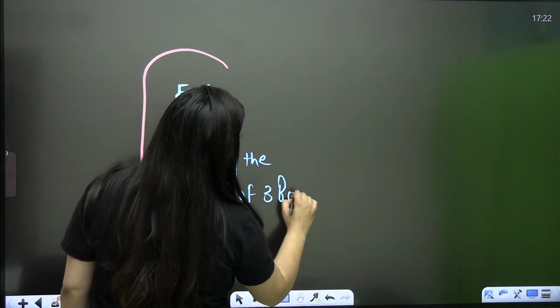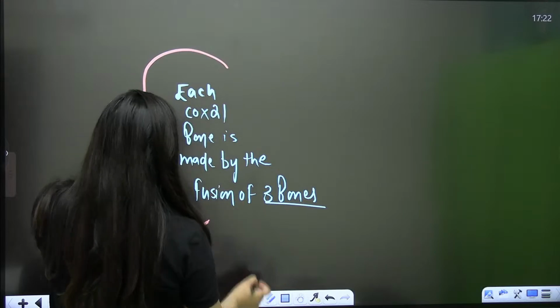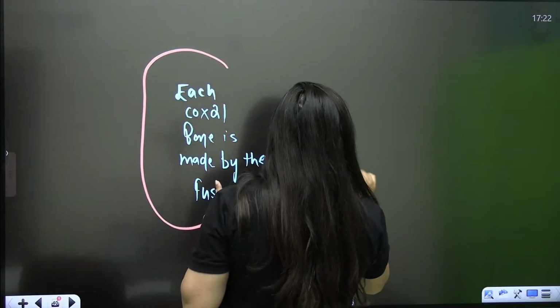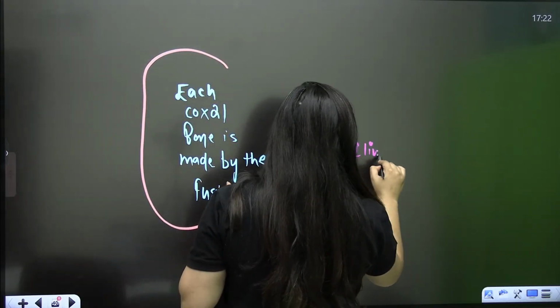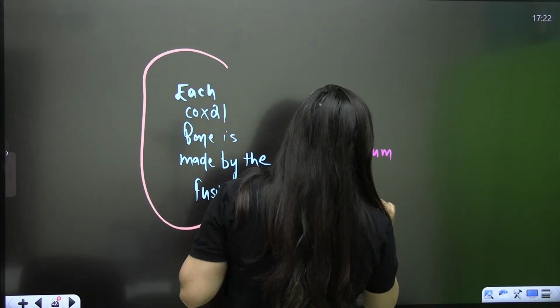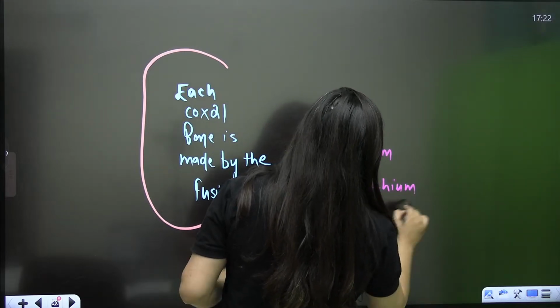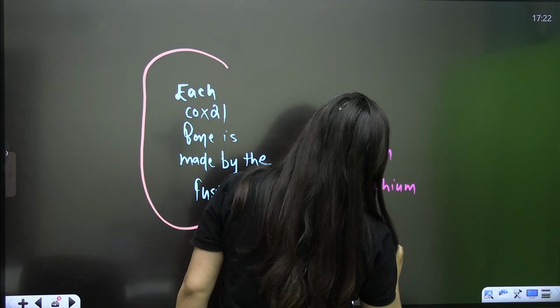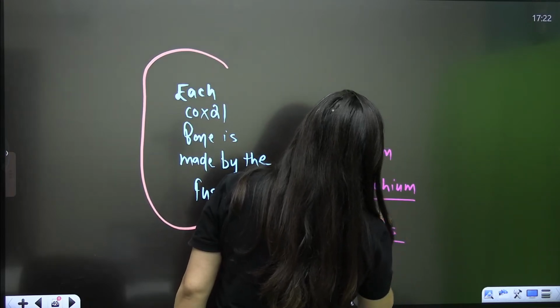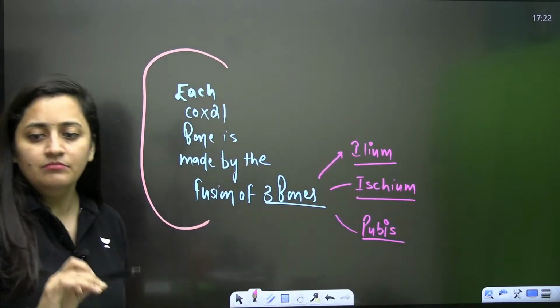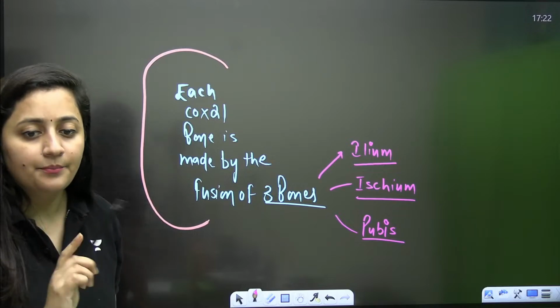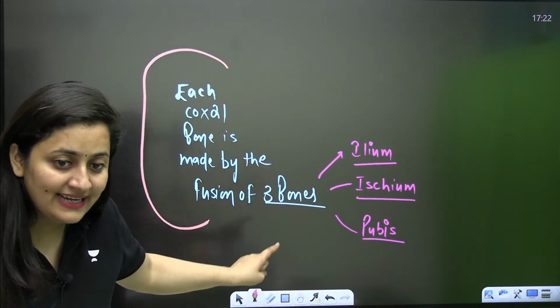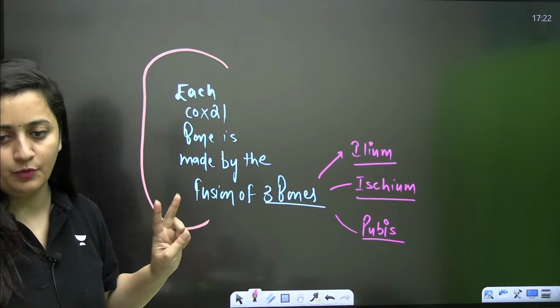So 3 bones will fuse and form 1 coxal bone. And those 3 bones are ilium, ischium and the pubis.